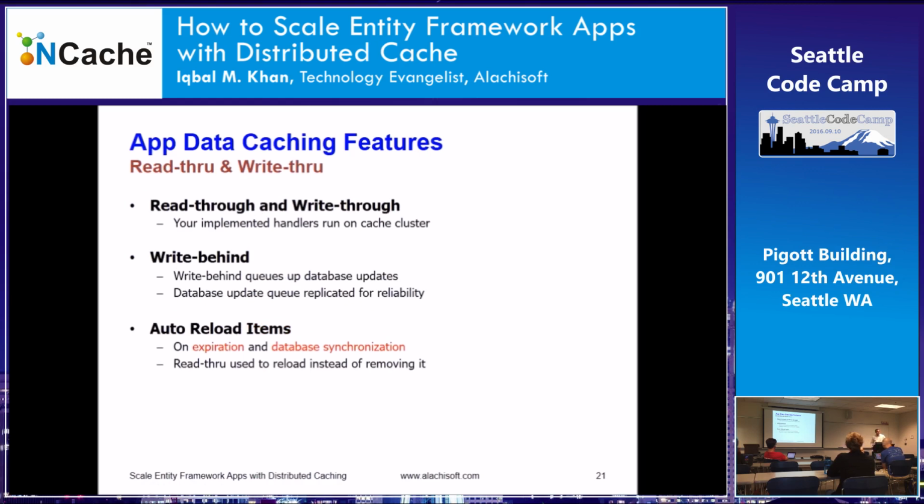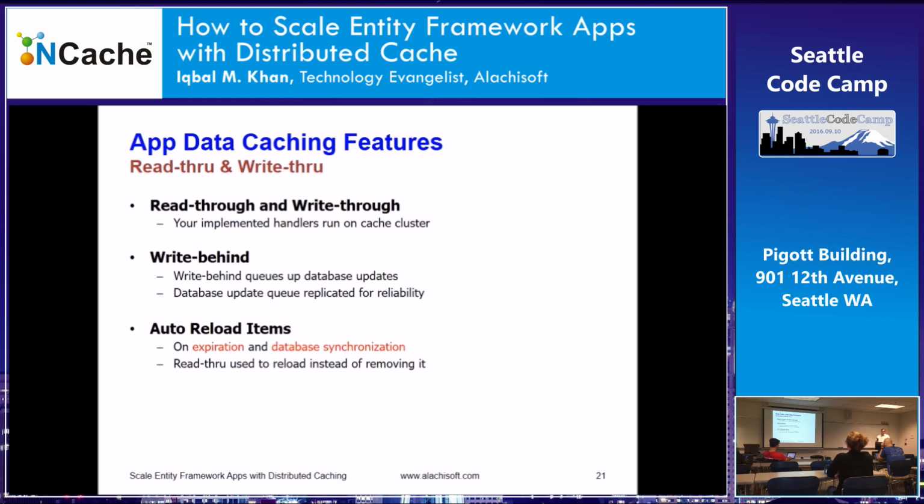Read-through, write-through is also a very, very powerful feature, because if you can let the cache handle more of your database access, your application becomes simpler. And it's also like the reuse of code concept, except that you're doing it in real time in the actual deployed environment.